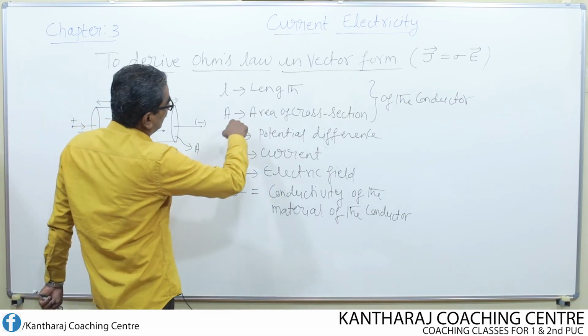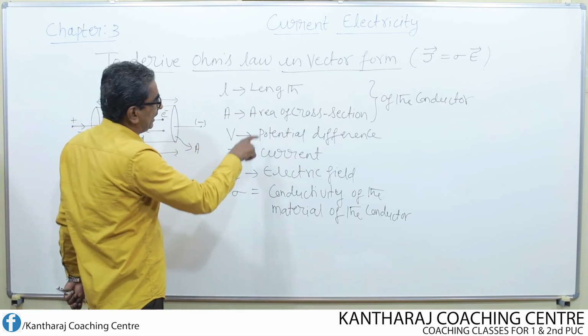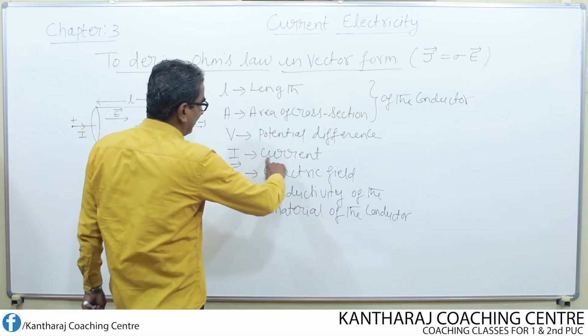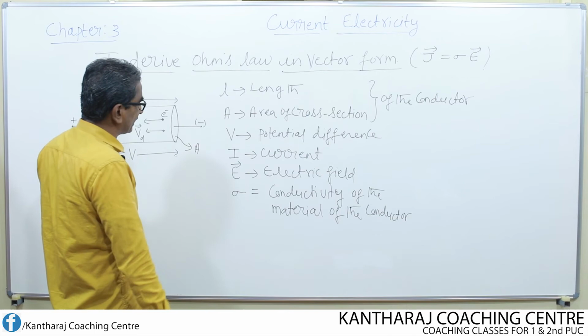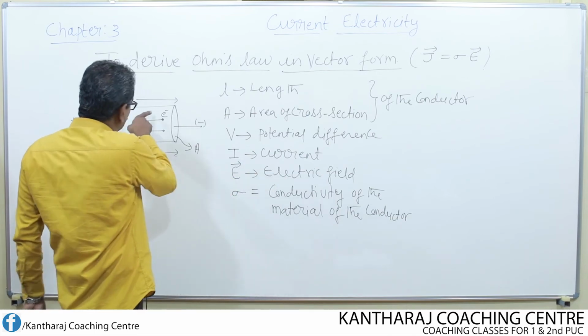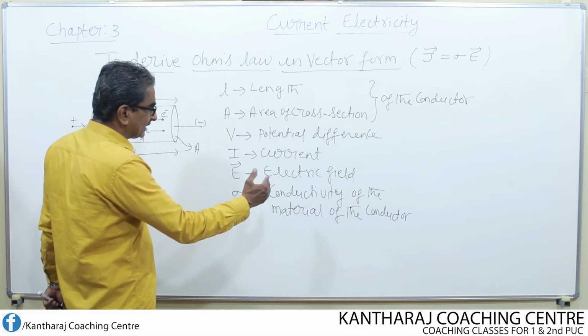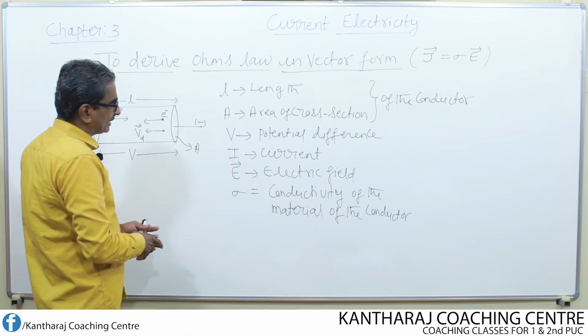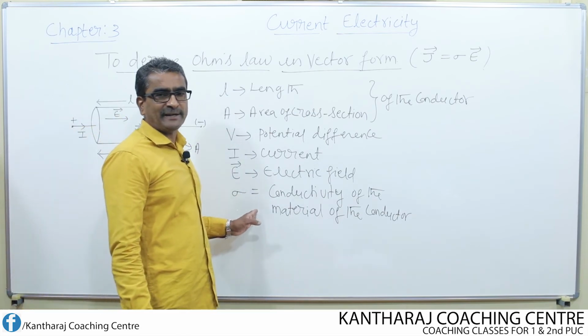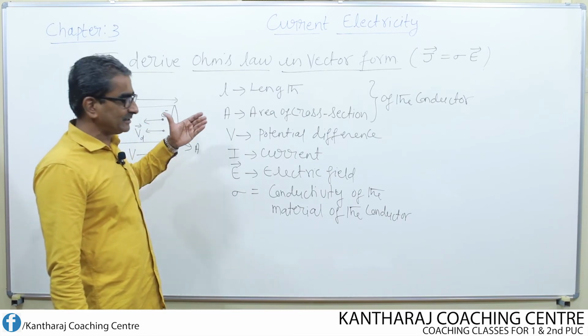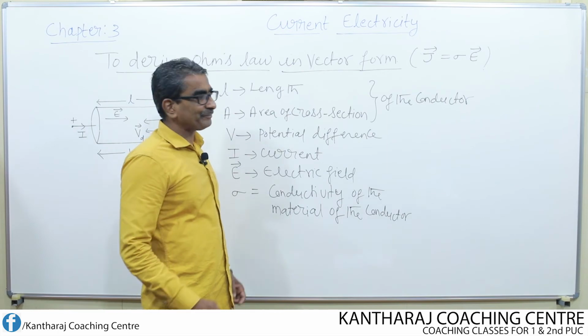So L is the length, A is the area of cross section, V is the potential difference, I is the current flowing through the conductor, E is the electric field set up inside the conductor, and sigma is the conductivity of the material of the conductor. What is meant by conductivity? The ability of the conductor to allow the current to flow through it is conductivity.